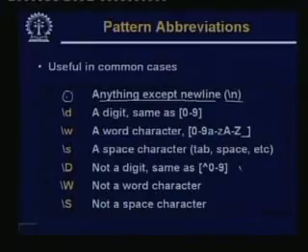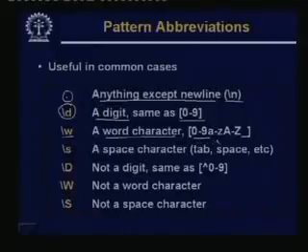If you write within slashes CA dot, then it can be CAT, cat, CAD, cad, anything. Dot can represent anything. Backslash d means a digit, which is the same as 0 to 9 within square brackets. Small w means a word character, that means a digit or an alphabet, an alphanumeric character.